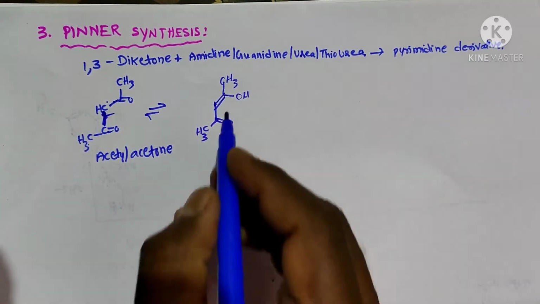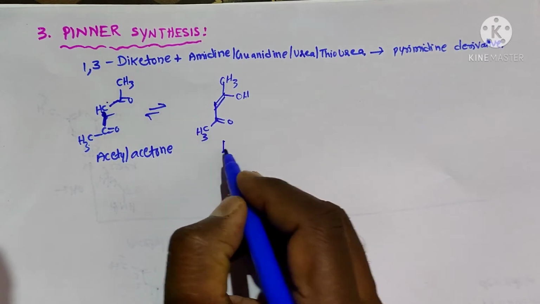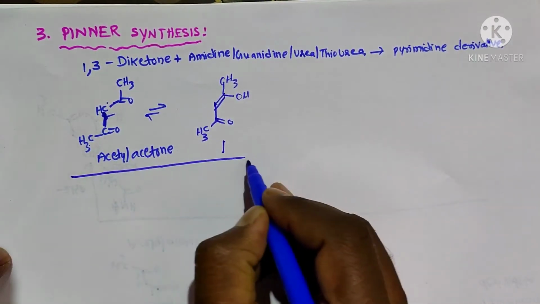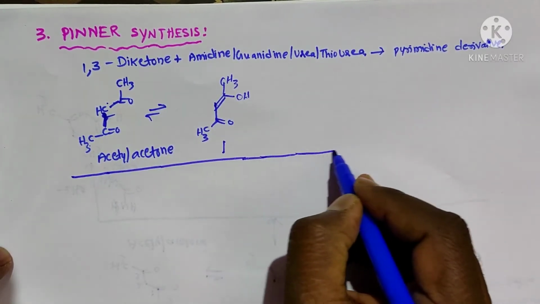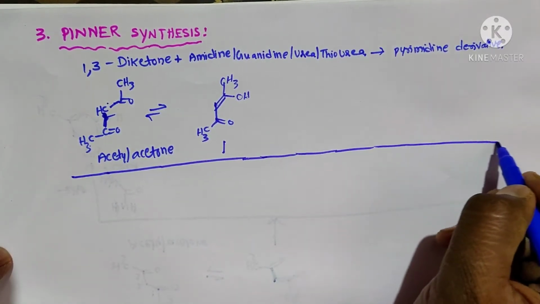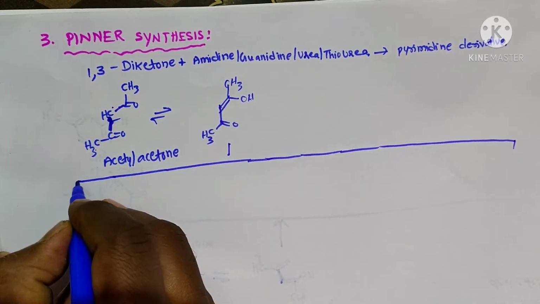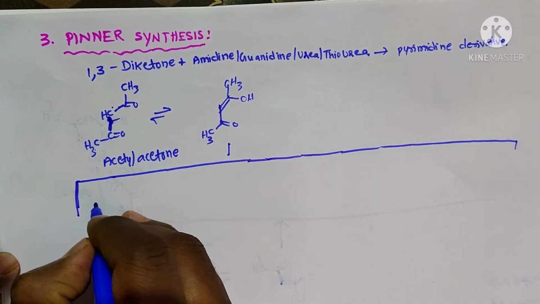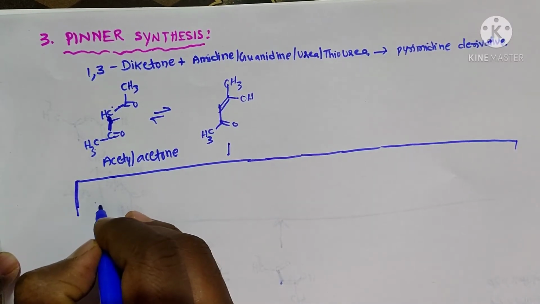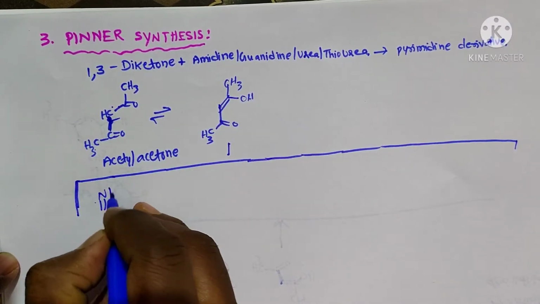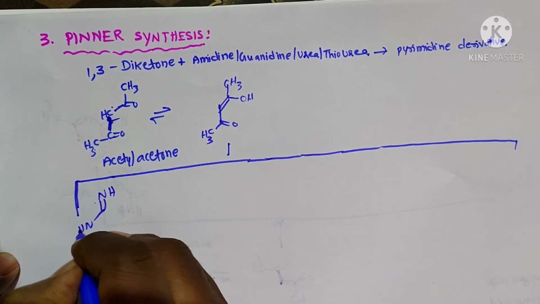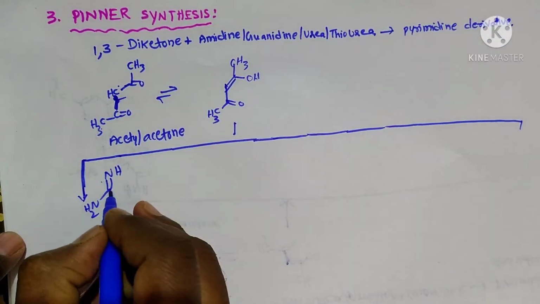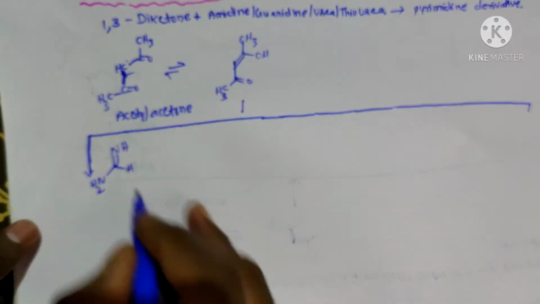Now first we write the different products when it reacts with the different other reactants. First of all we take amidine. In amidine we have C double bond NH and NH2 group. This is simple amidine, and here we have one hydrogen. So this is amidine.